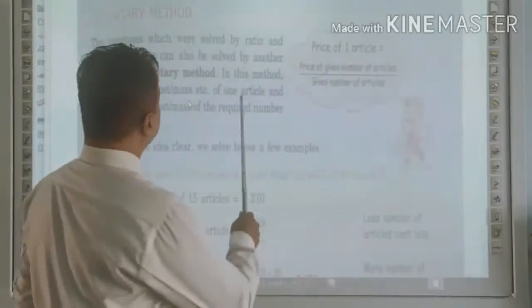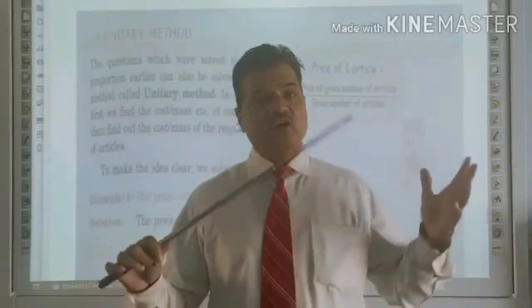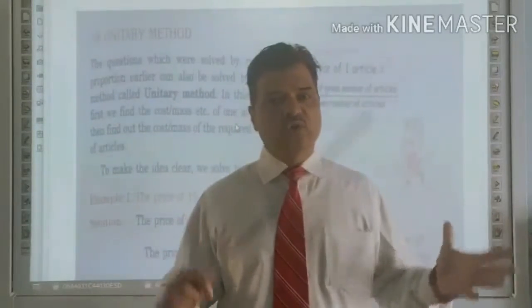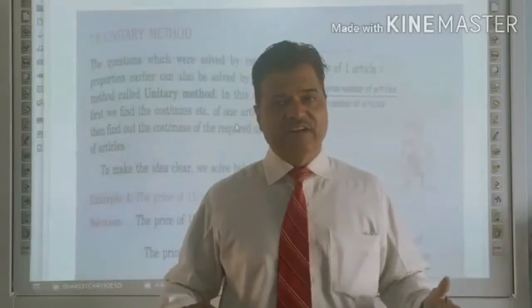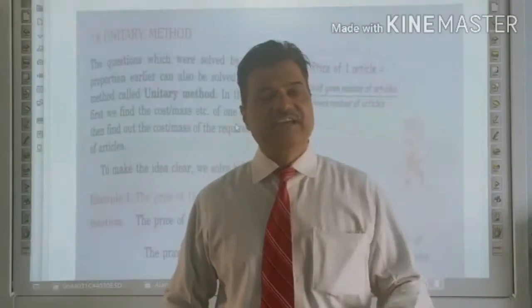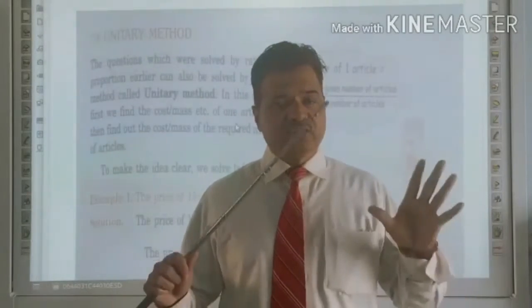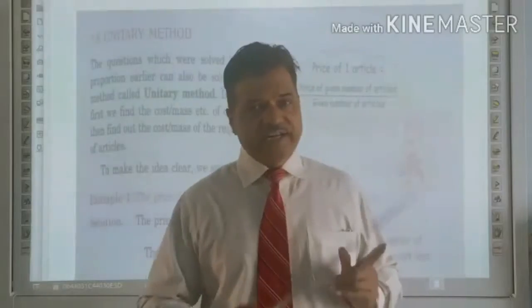The unitary method says if there is a lot of quantities given and we want the value of one quantity, then we will divide. It is a very unique rule of the unitary rule.